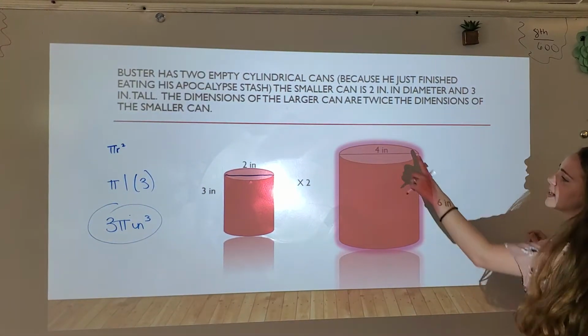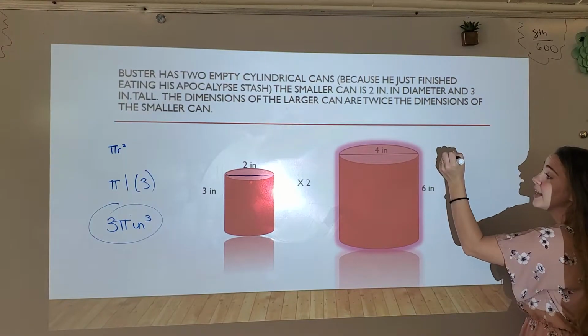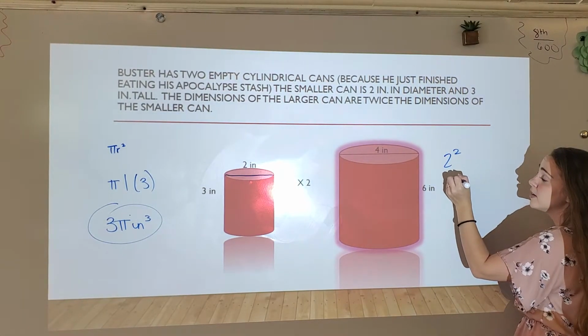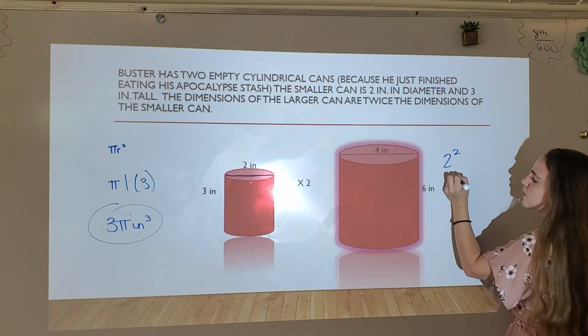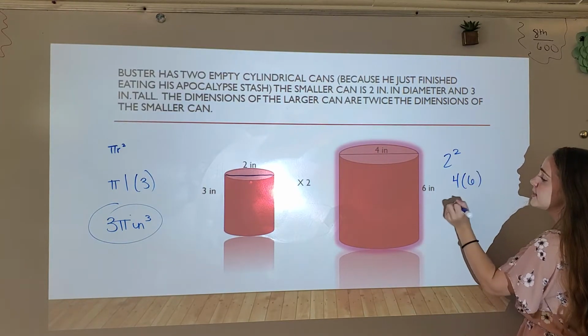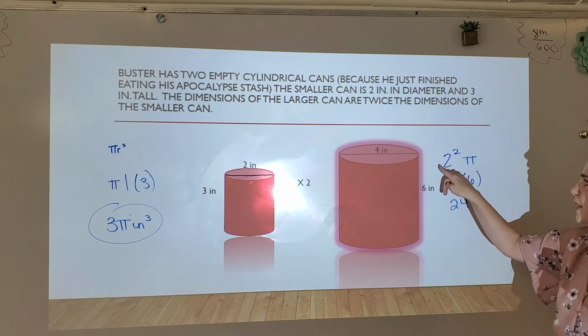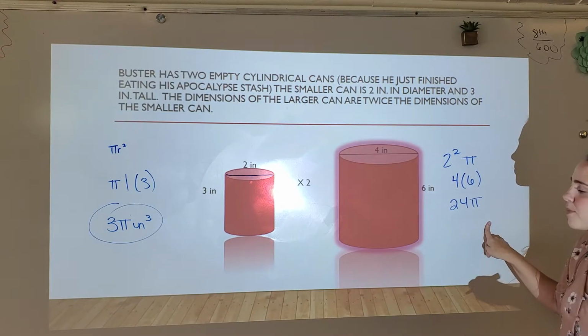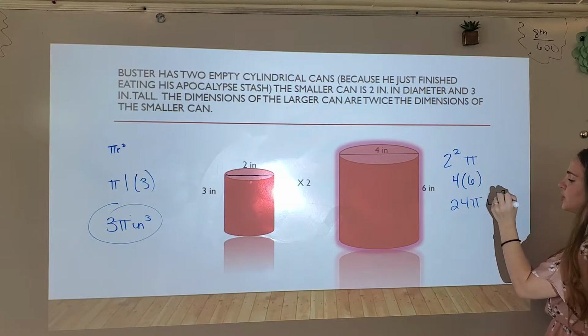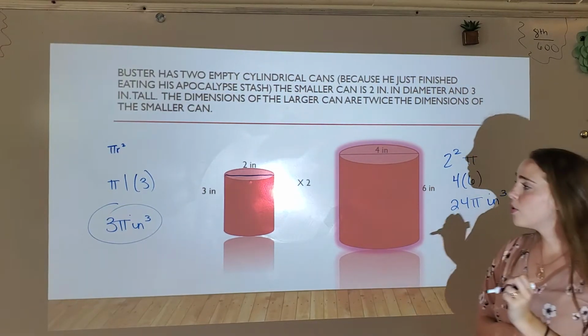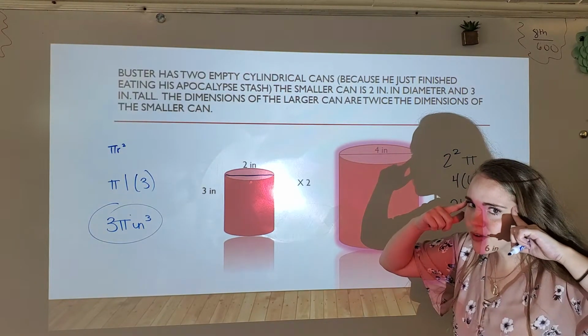Over here, instead of using 4, we're going to use 2 for the radius, 2 squared is 4, times 6, 24 pi, because it's supposed to be pi r squared. So we end up with 24 pi inches cubed. Look at the scale factor here.